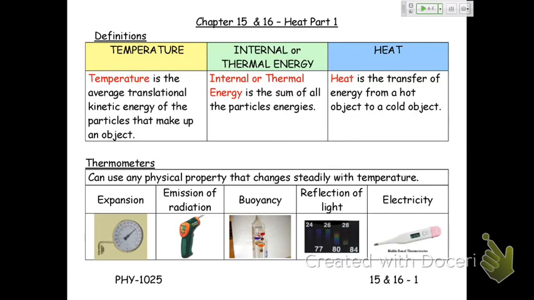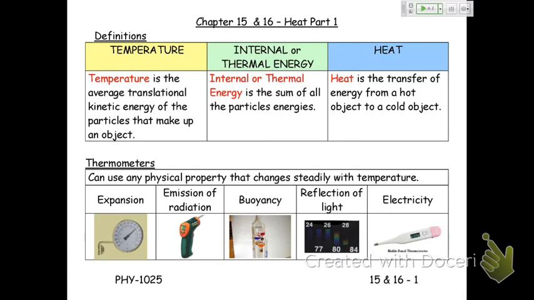So I can have a teaspoonful of boiling water, and it's got a very high temperature. But it's not got that much internal energy because there's not a lot of it. And I can take a big ice cube, which has a low temperature, but it's got a massive amount of internal energy because there's a lot of it.